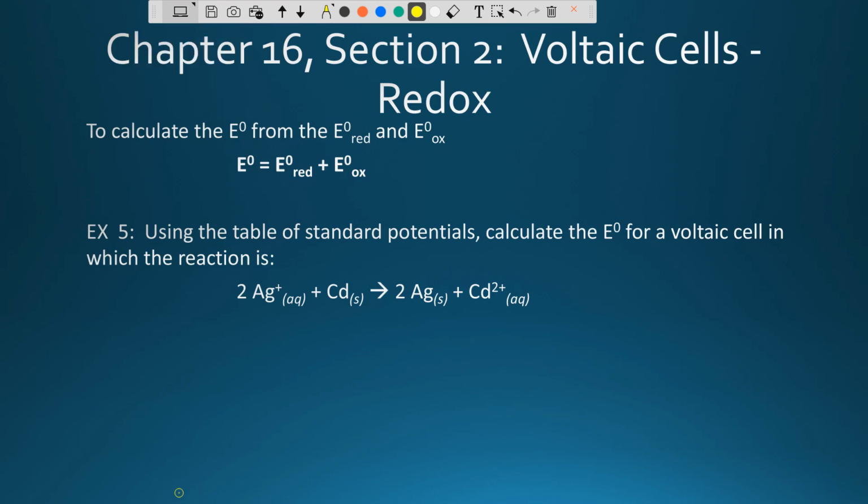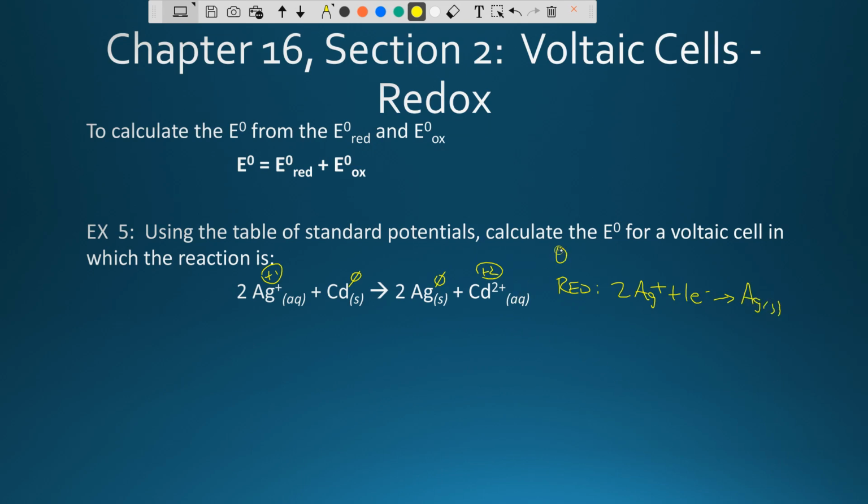We're going to use this for a voltaic cell where we have silver plus cadmium forming silver metal plus cadmium ion. Let's analyze this before I jump into anything. This is a +1, this is a 0, this is a 0, and this is a +2. So what's going on here? My reducing agent is my silver, because you see that it's gaining electrons and becoming my silver metal.